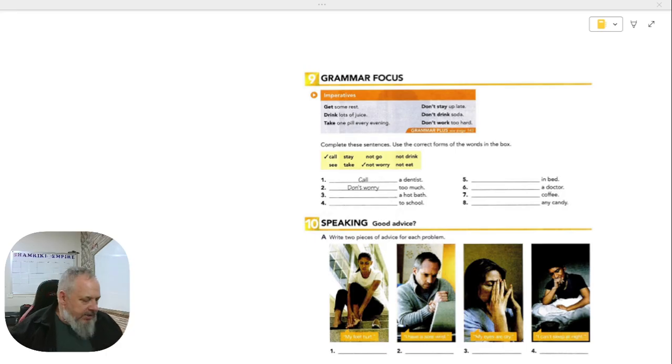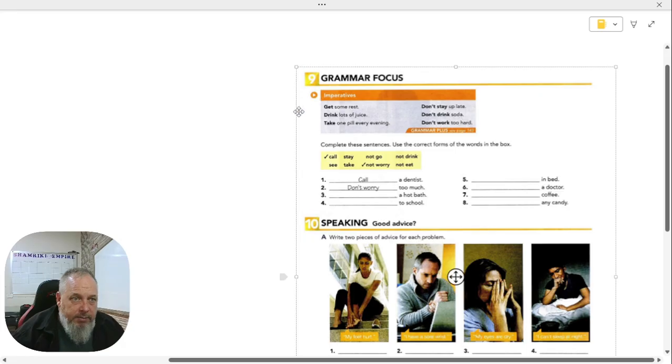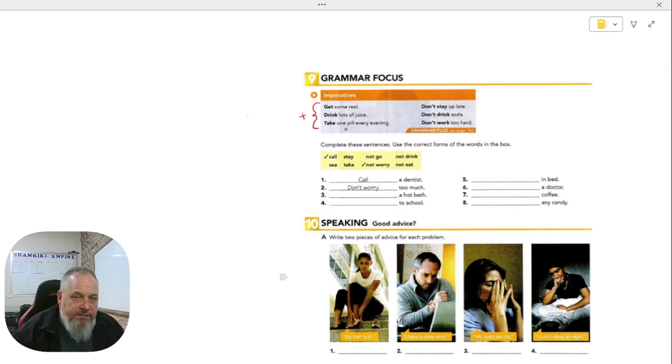All right, so these are the imperatives like we talked about before in the pronunciation. These ones are positive, affirmative. Get some rest. Drink lots of juice and take one pill every evening. These ones are negative, and the negative is immediate.